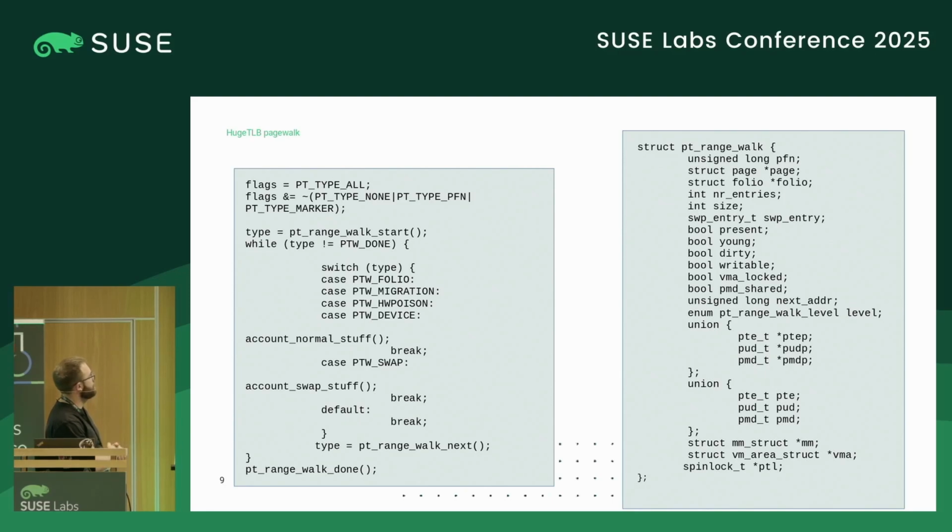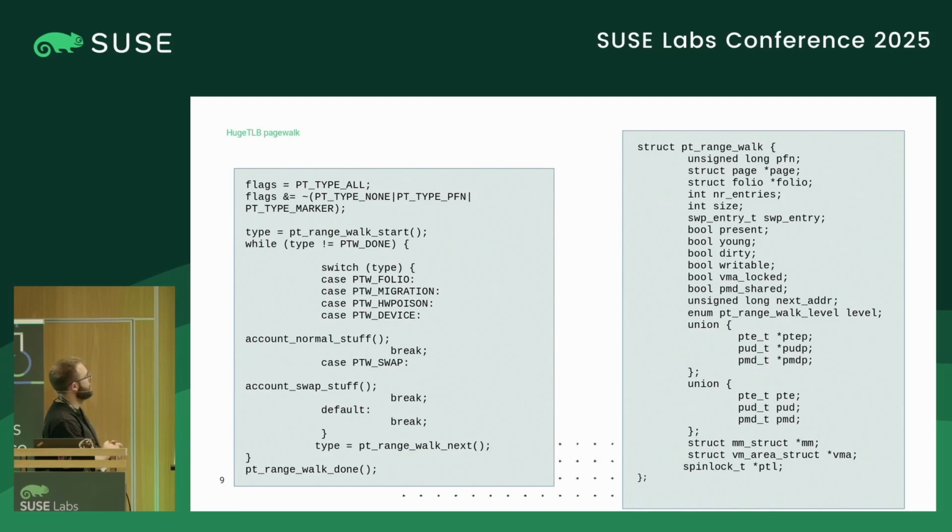On the left side is the current proc PID smaps file. As you can see, I pick all types, and then I opt out non-PFN markers, because smaps is not really interested in those ones.